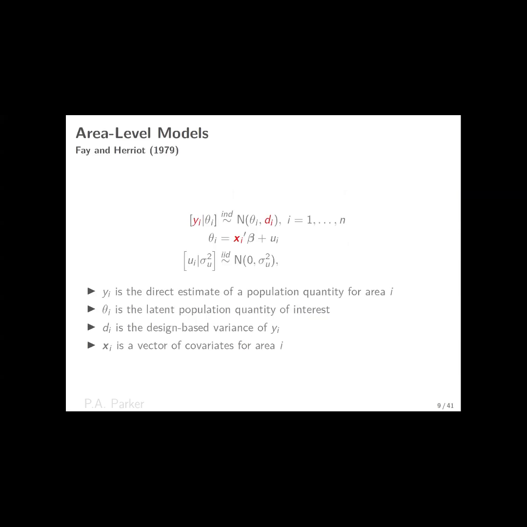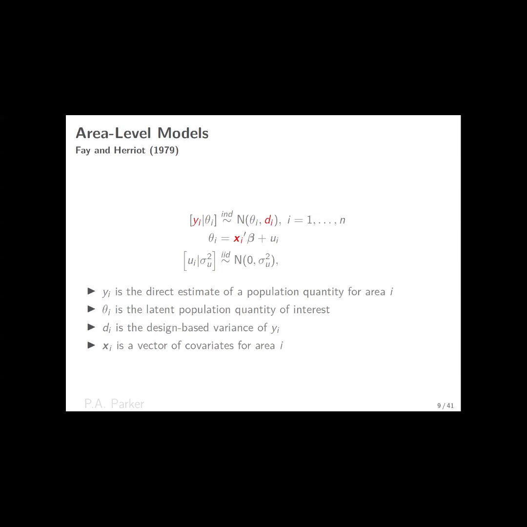All right, so as I said, I'm going to talk about area level modeling here. This is what's called the Fay-Herriot model, and it's the foundational area level model. Almost all area level models used nowadays are built upon this model. Here, y indexed by i, where i is an area, is assumed to be normally distributed around theta, and theta is our true population quantity, the thing we actually care about.